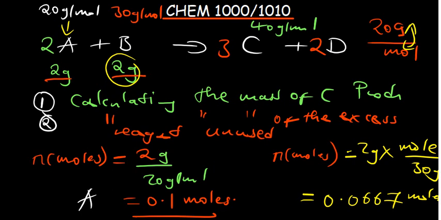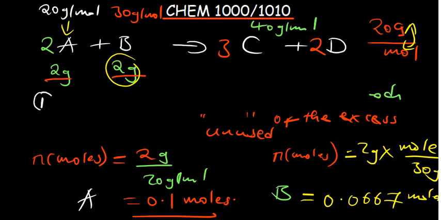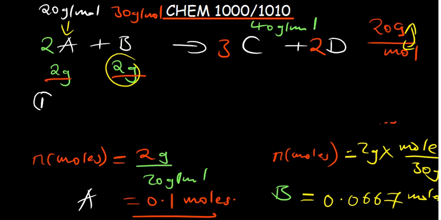So now, I'm trying to emphasize that what we've just calculated there is what we are calling the actual number of moles present. So now we are going to work with the mole ratios, understanding that A and B are in the ratio of 2 to 1. As we can see, there's a 1 there.